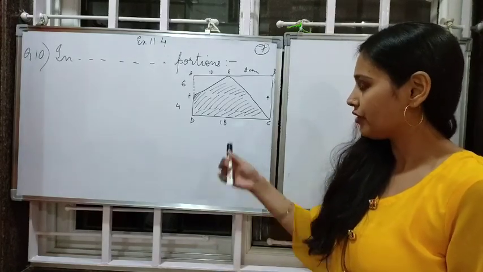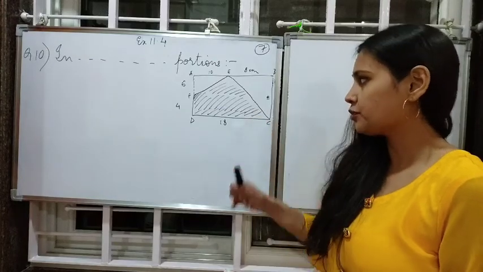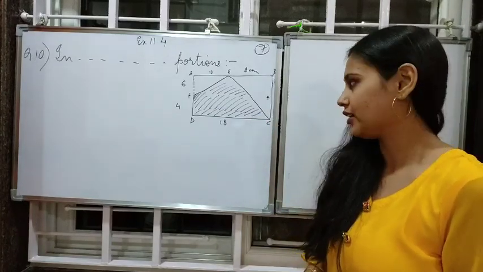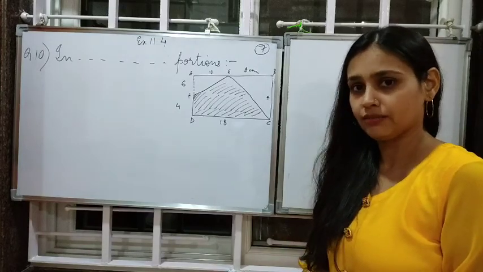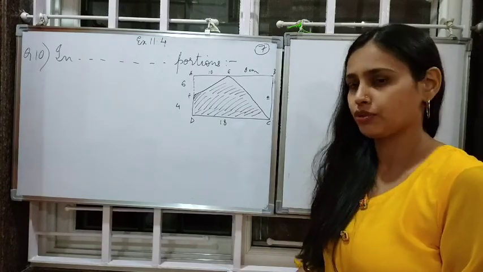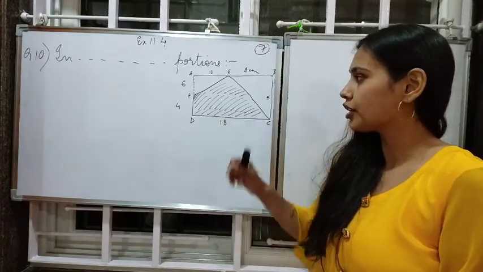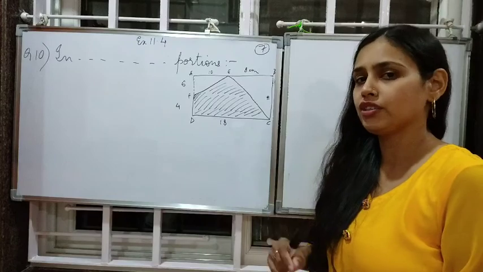First and foremost, when we see this portion, it is neither in the form of a parallelogram or rectangle or triangle. Yes, I am talking about the shaded portion. So it's very difficult to find the area of the shaded portion if we see only the shaded portion.